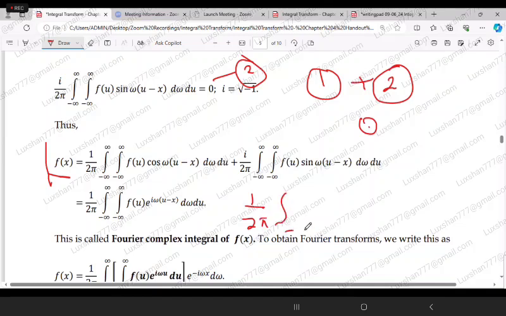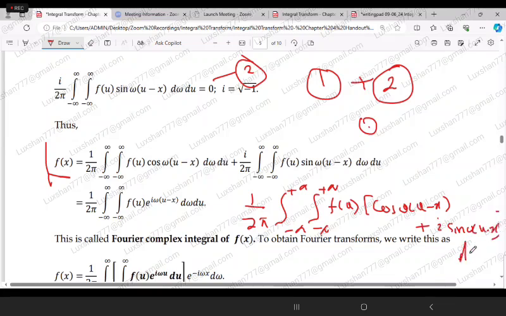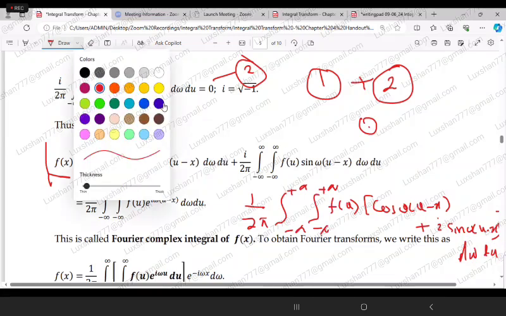Now what I have is minus infinity to plus infinity, minus infinity to plus infinity, f of u. If I take f of u common, what I have is cos omega (u minus x) plus i times sine omega (u minus x), d omega.